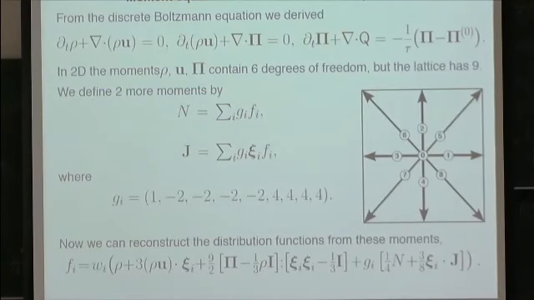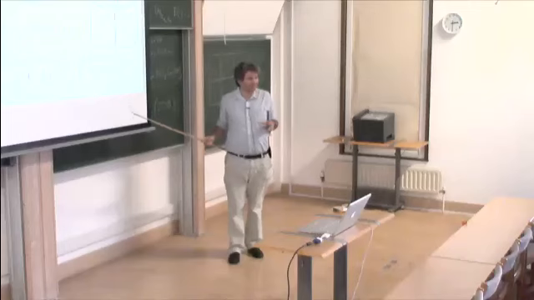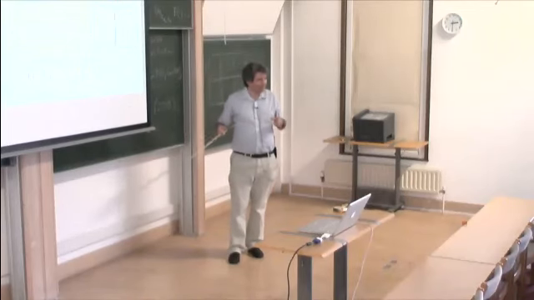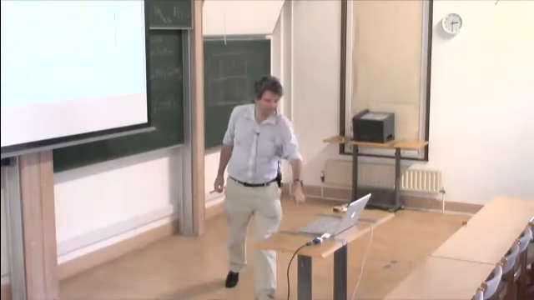So if you like, this is doing a change of basis from my 9 f's to a set of 9 moments, and the advantage of having a basis is that I can go backwards and forwards. And for describing the collisions, it's much easier to do it in terms of the moments, and then reconstruct the distribution functions rather than trying to write down a collision operator directly for the distribution functions.